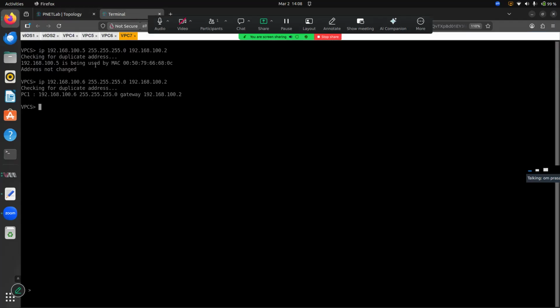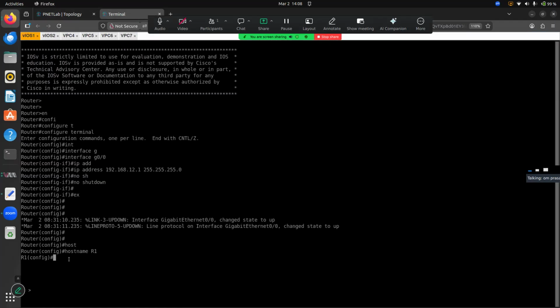Router. Let's see. What is the host routing command now? IP route. As I said, I have to give the highest prefix, the highest subnet mask. Otherwise, with /24 it will not go to that particular IP address.